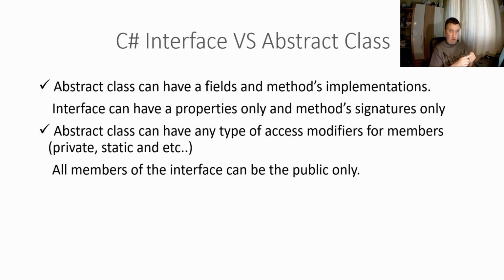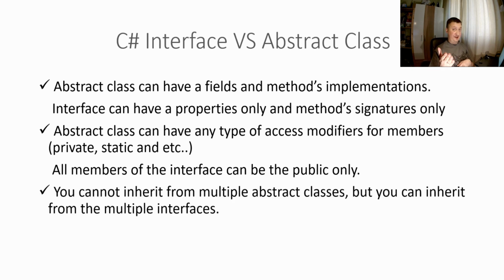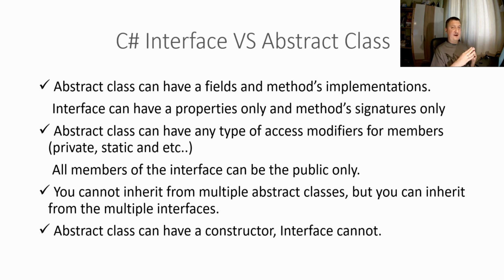Interfaces no, because an interface can have only public members. This is the purpose of the interface. You cannot inherit from multiple abstract classes, but you can inherit from multiple interfaces. And number 4, an abstract class can have constructors as well as regular classes. Interfaces cannot.